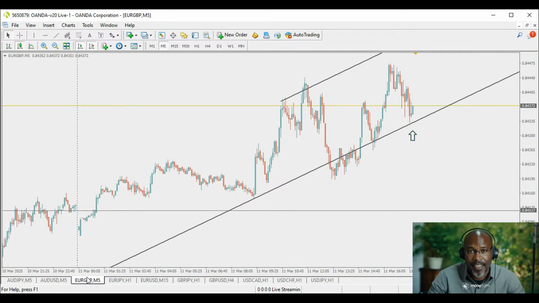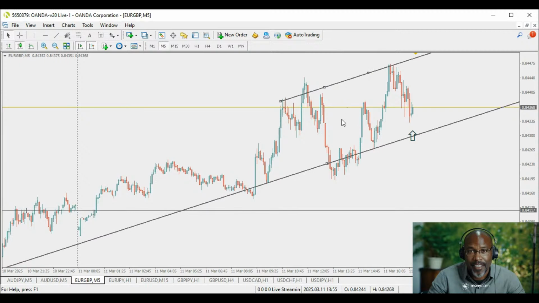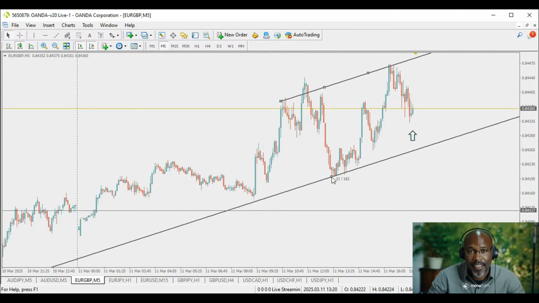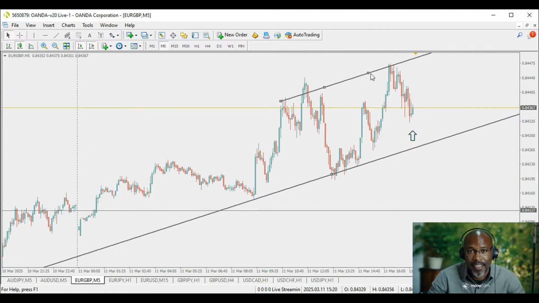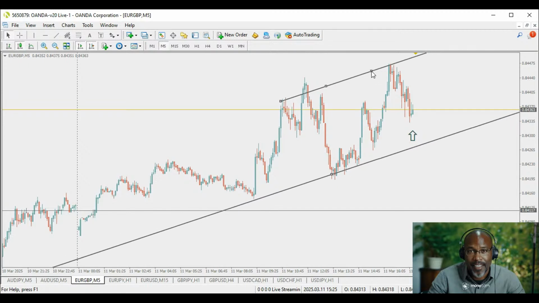So the euro dollar British pound is not at support yet. So presently, I'm not really looking to buy this pair.